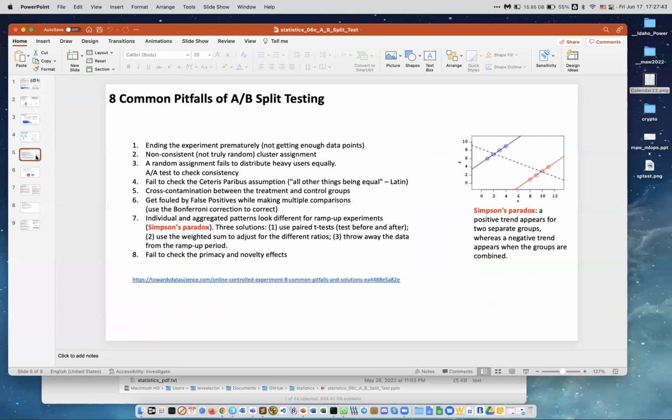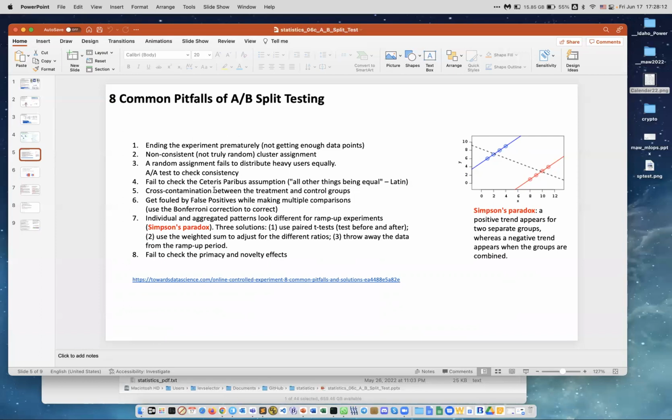Okay. 8 common pitfalls of A/B split testing. Ending the experiment prematurely, not getting enough data points, not truly random cluster assignment. Random assignment fails to distribute heavy users equally. Fail to check what is called the ceteris paribus assumption, all other things being equal.